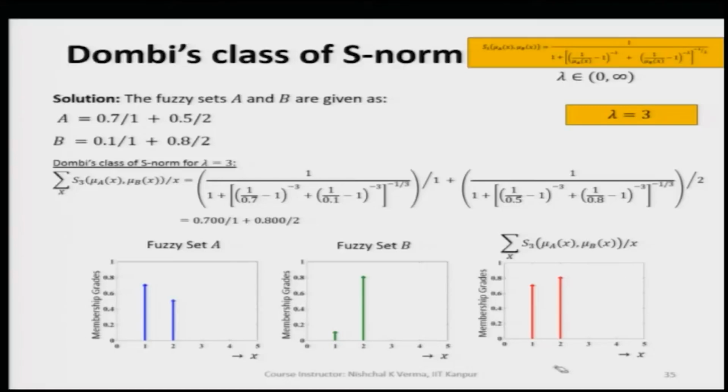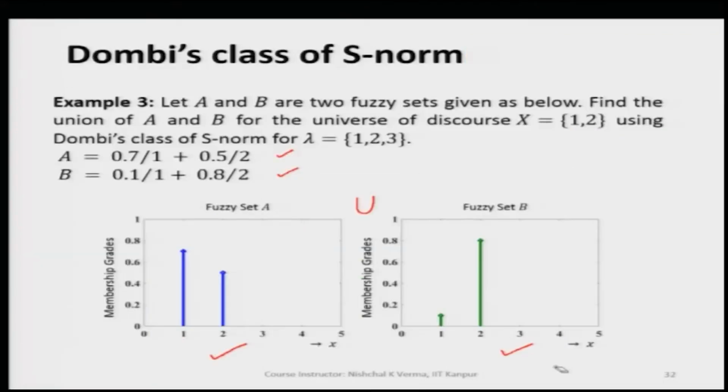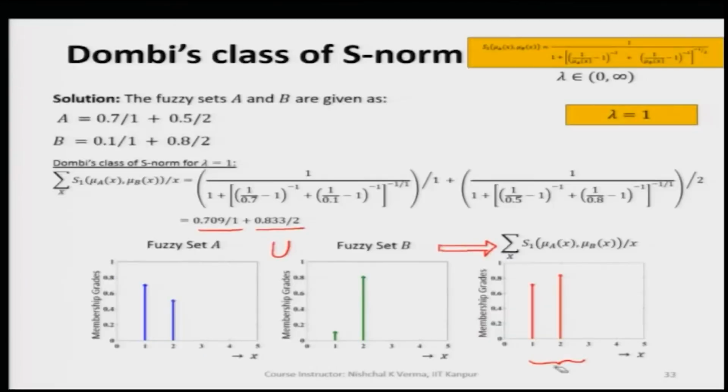Once again I would like to tell you that when we increase the value of lambda, the membership values are reducing. You can see here in the previous example where we took lambda equal to 1, the union of fuzzy set A and fuzzy set B, we have membership values that are reducing when we increase the value of lambda.